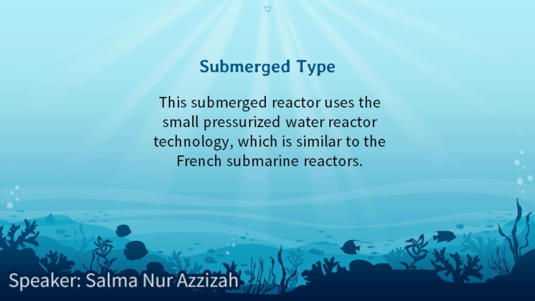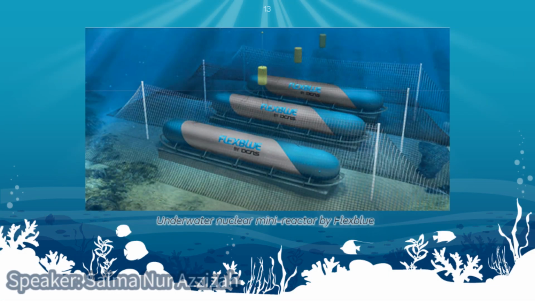The last one is submerged type. This submerged reactor uses small pressurized water reactor technology, which is similar to the French submarine reactors. DCNS in France is developing a submerged type of offshore nuclear power plant named FlexBlue.